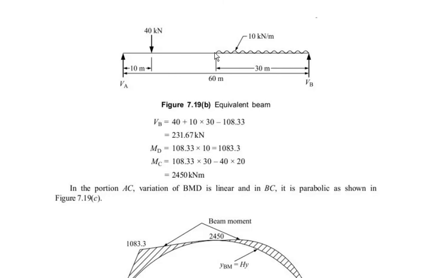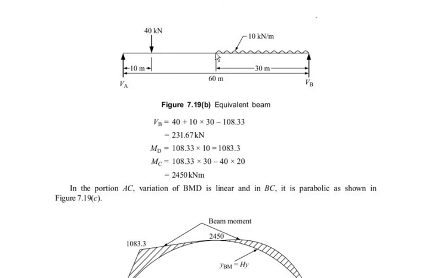So let's find out the moment about point C in the equivalent beam. Okay, so moment about point C in the equivalent beam will be VA into 30 minus 40 into 20. Correct? This distance is 20.